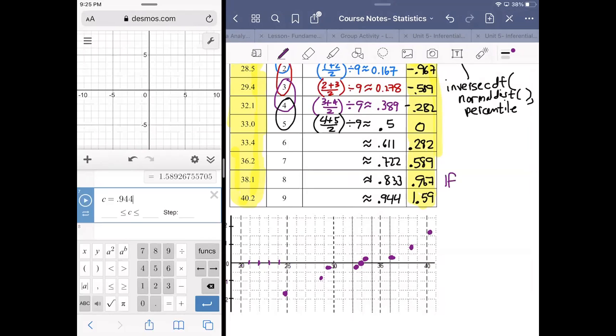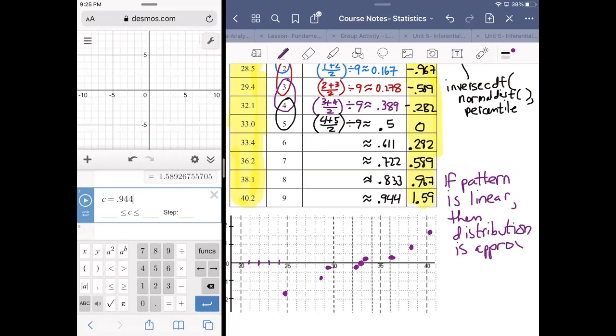So if the pattern is linear, then the distribution is approximately normal.